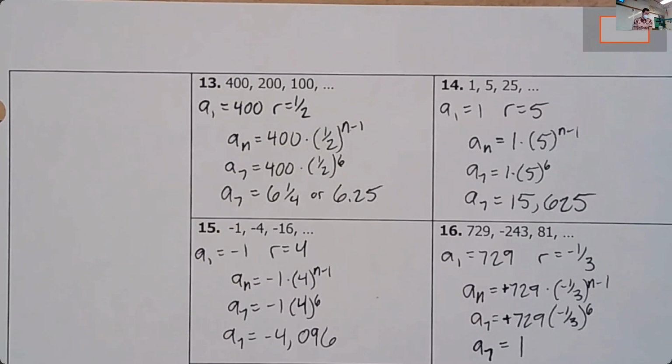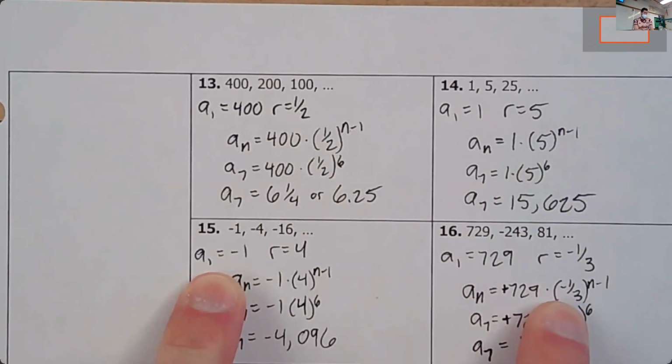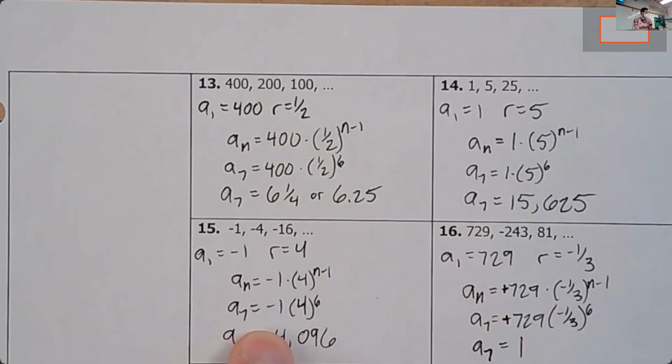On 15, it's 4. And on 16, the common ratio is negative 1/3. And so that's where we get the rest of those formulas. Our generic formula with n, and then when we plug in 7 for n, that gives us an exponent of 6 on each one of these to get those final answers. So questions on those before we look at the final 4 problems?